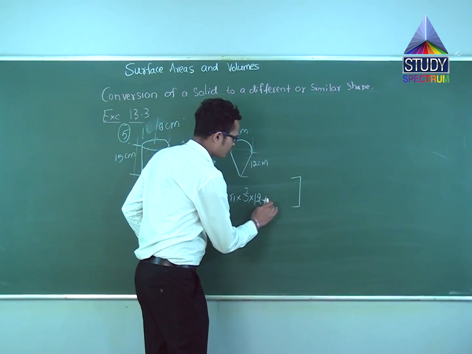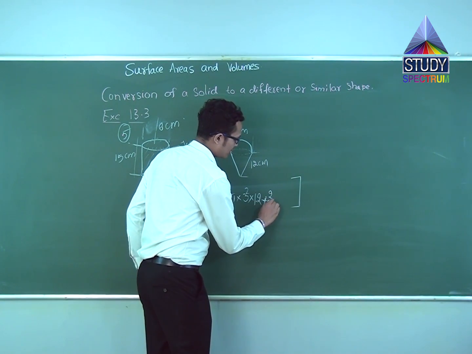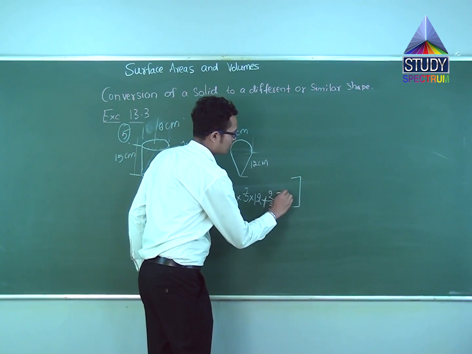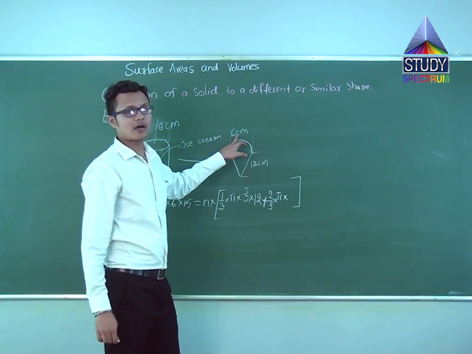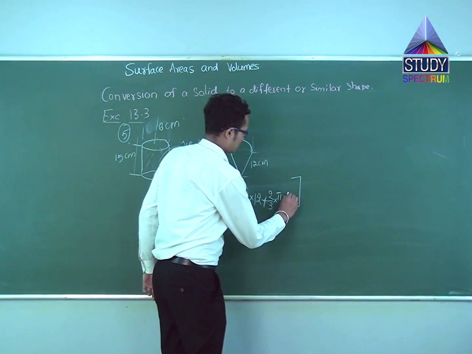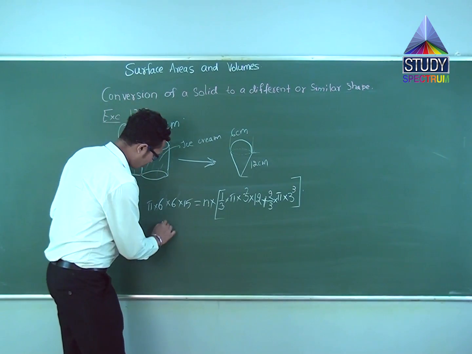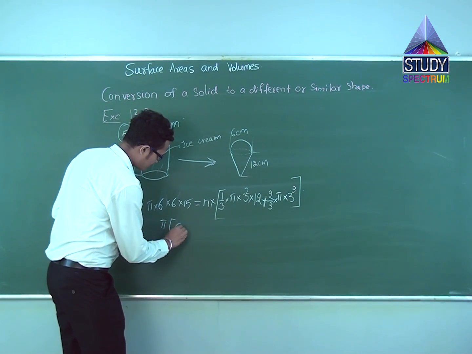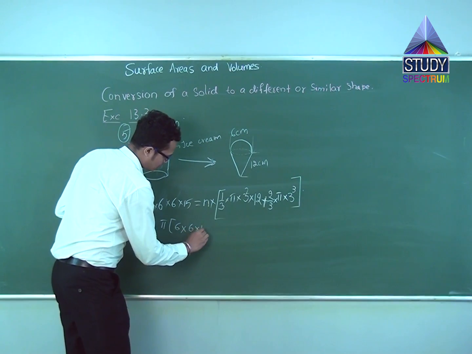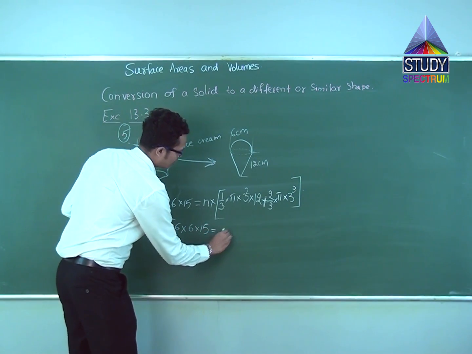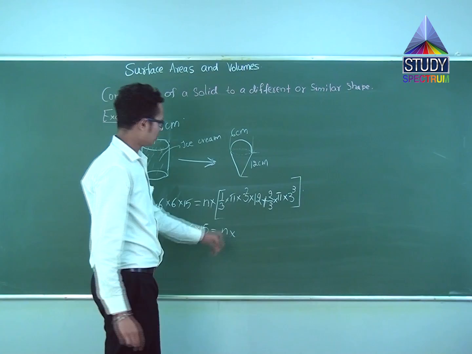Volume of the hemisphere is 2 by 3 pi r cube. So 2 by 3 into pi r cube, r is half of 6, which is 3 cube. So pi multiplied by 6 into 6 into 15 equals n into, I can take pi out.